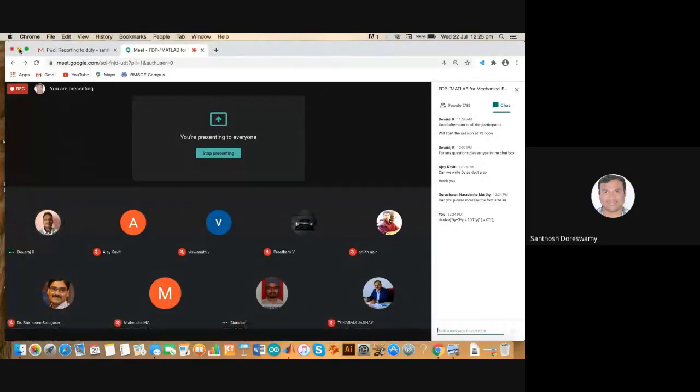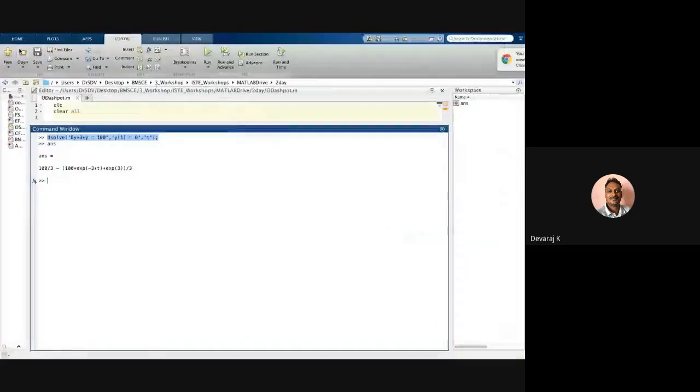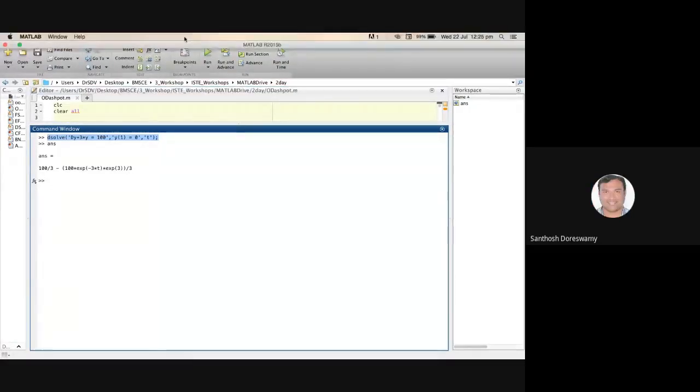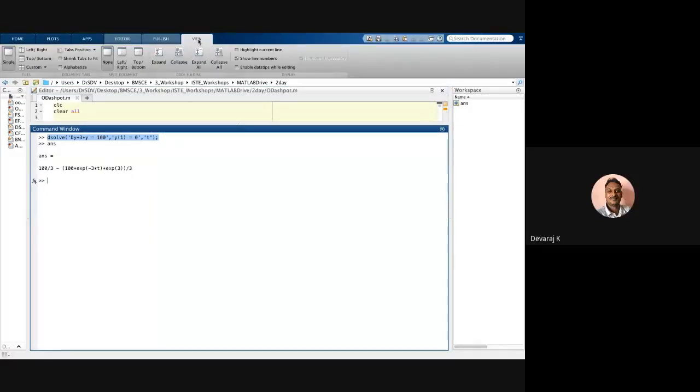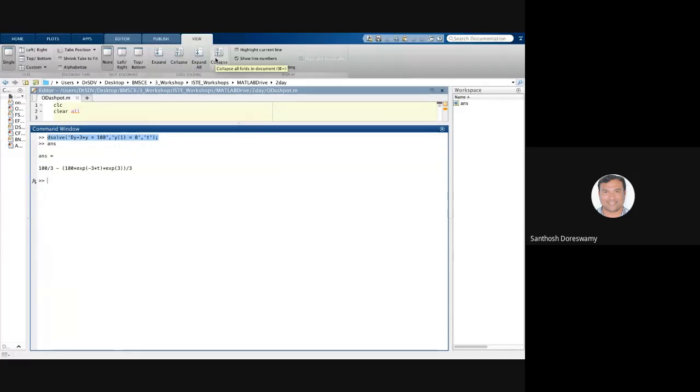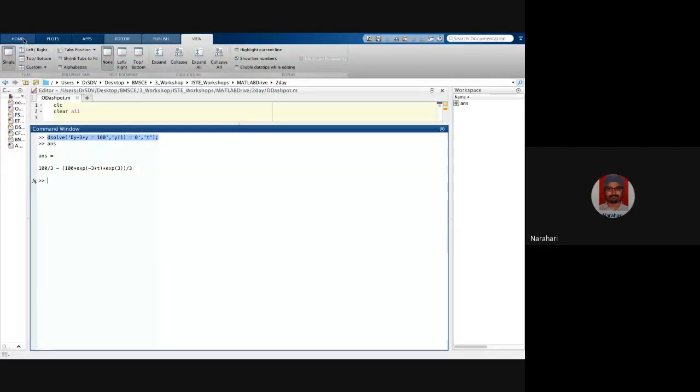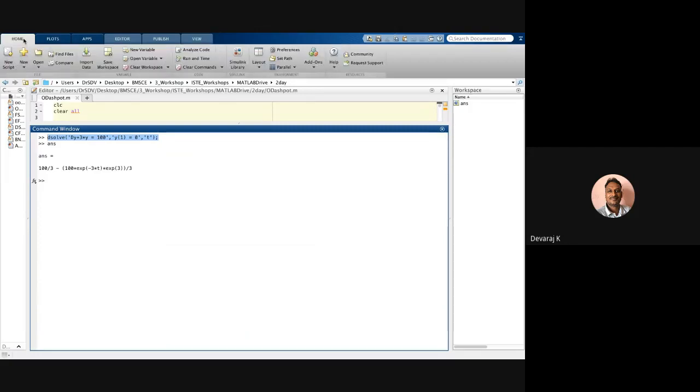Santosh, you can use the screen zoom option in Mac.